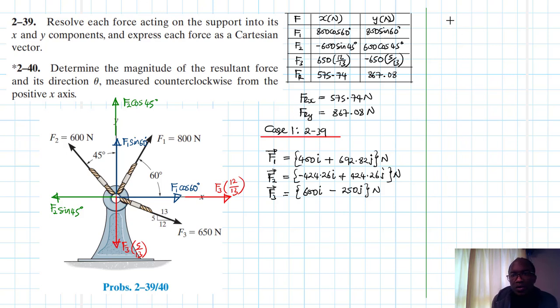This is case 2, 2-14. Let's work out the problem. The resultant, according to the Pythagorean theorem, is equal to the square root of FRX squared plus FRY squared.